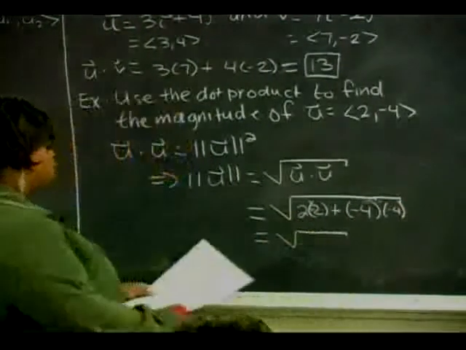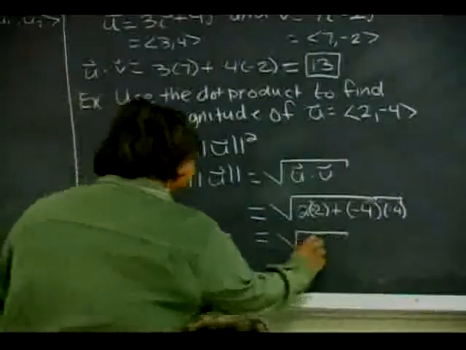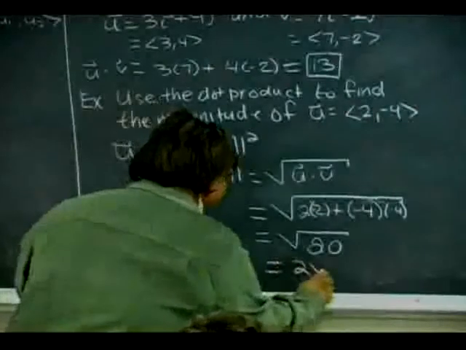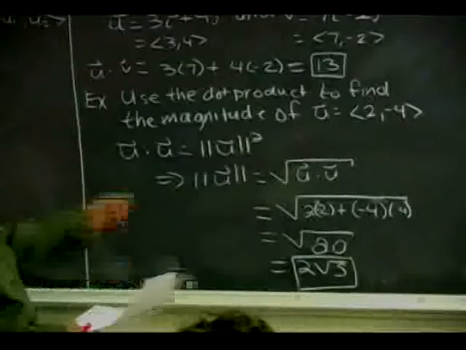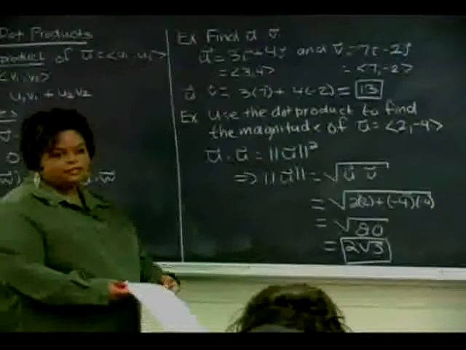So we have 4 plus 16, which is 20. So it's the square root of 20, which can be reduced to 2 square root of 5. So we can use this property to find a length by taking the square root of both sides.